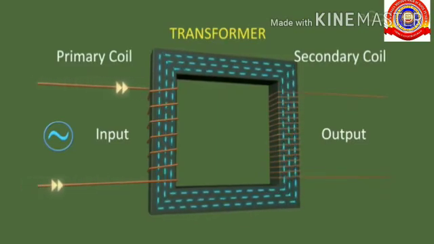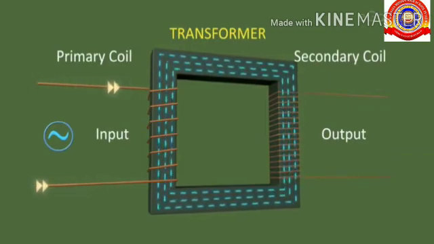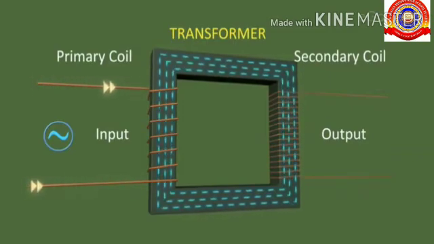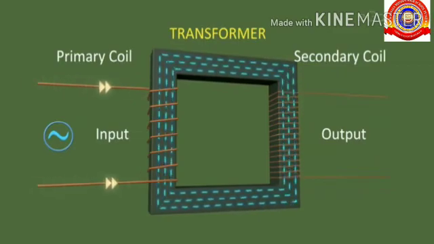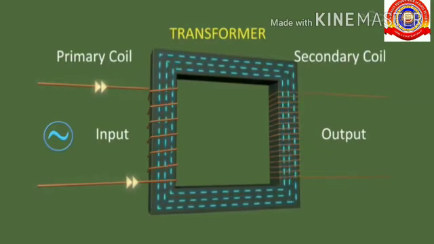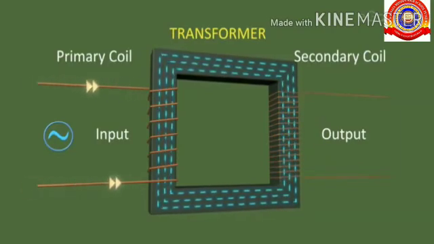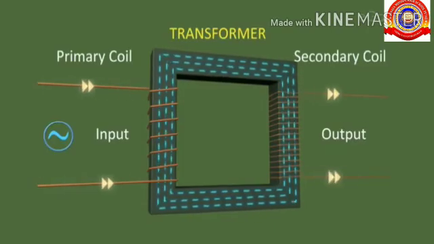Hence, Vs, the voltage in the secondary, changes in accordance with the number of turns in the secondary. The voltages in the secondary and primary will be in the same proportion as the number of turns of the secondary and primary.